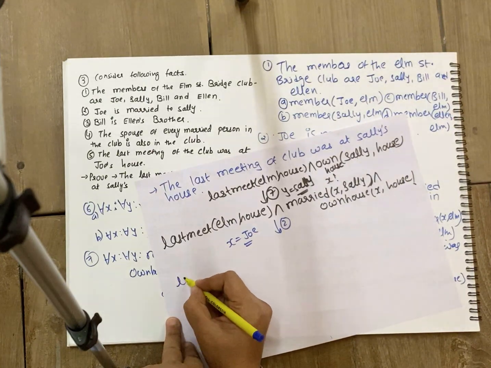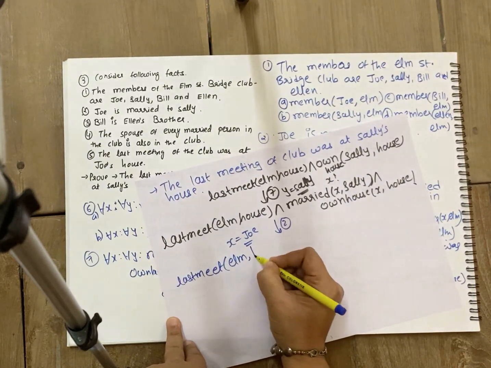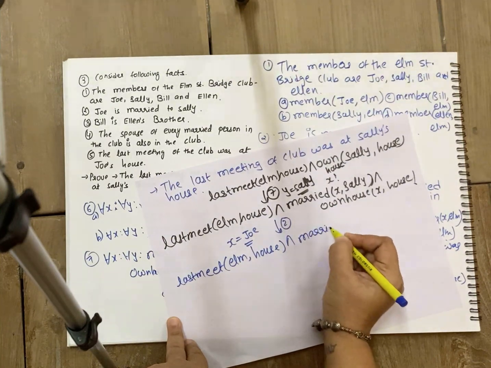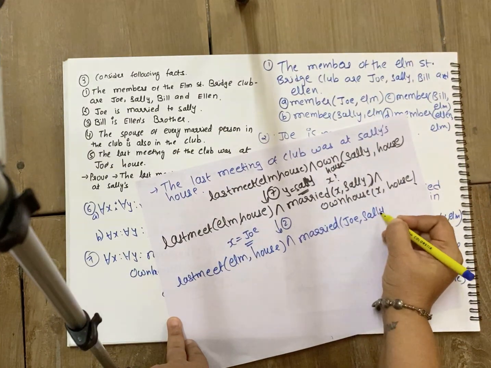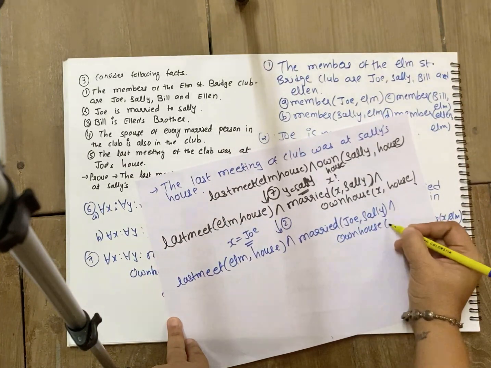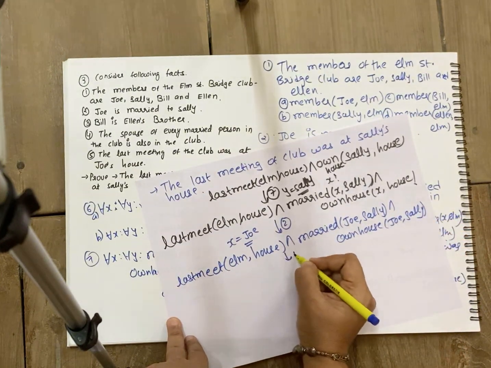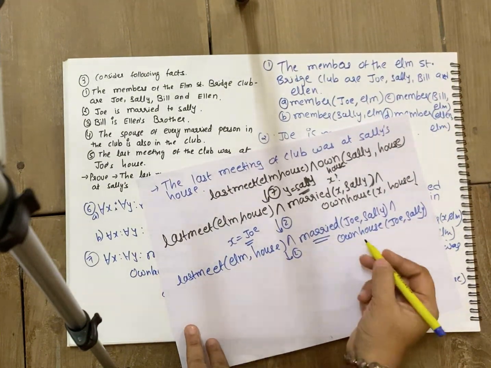So what I am going to have over here, last meeting of ELM club was at house and married Joe comma Sally, and own house Joe comma Sally. So here in this, getting the support of second, this one is true. So as this is true, we are going to eliminate it, because married Joe comma Sally as per 2 is already truth. So we will eliminate it. So what is remaining? This and this.